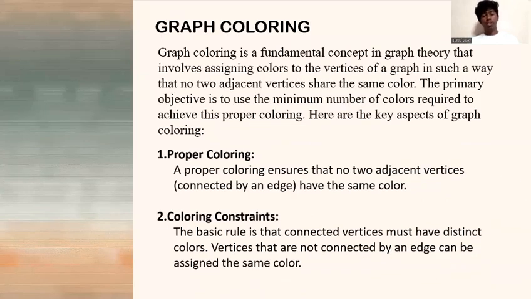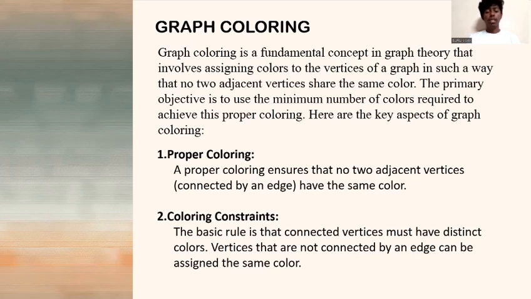Before going to the concept of chromatic number, first we should be aware of the graph coloring concept. So what does graph coloring mean? It is the coloring of the graph in such a way that no two adjacent vertices have the same color. The primary objective is to use the minimum colors required to achieve this proper coloring.